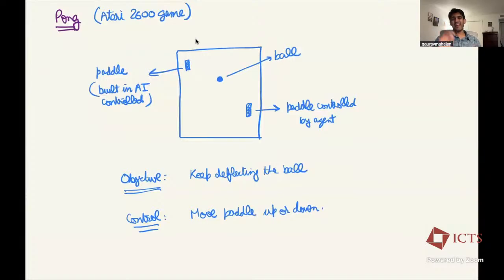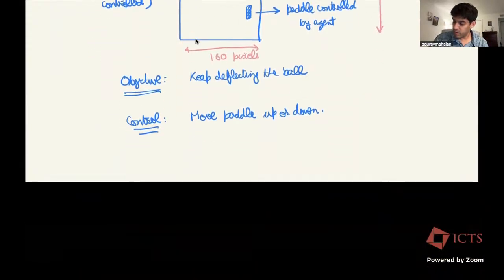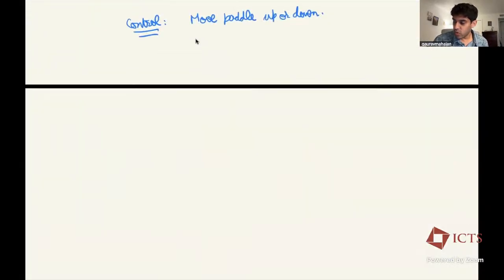Let's make this a little bit concrete. This is going to be 160 pixels, and this length is going to be 210 pixels. So what does that mean for the state space? Basically, what's present to the agent is just an image of the game.